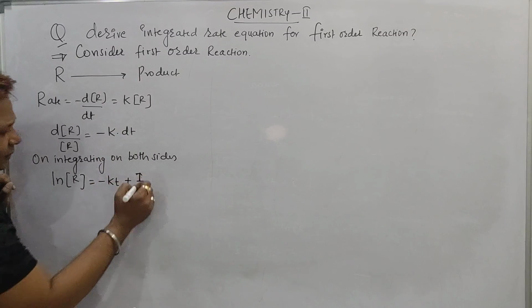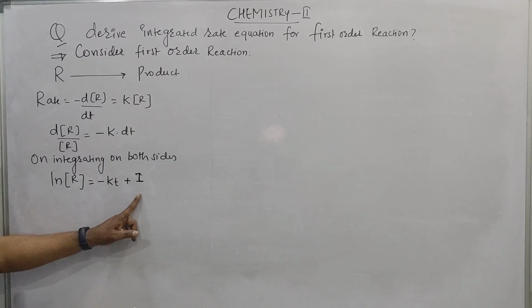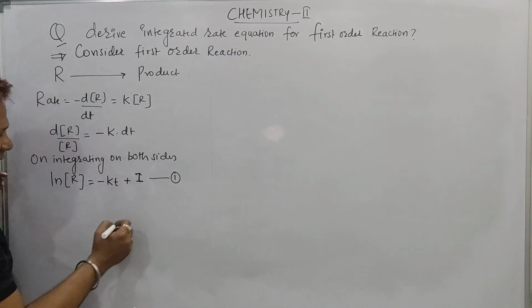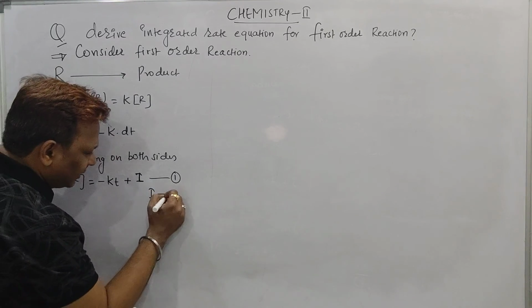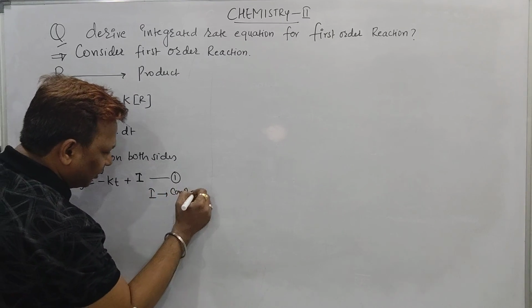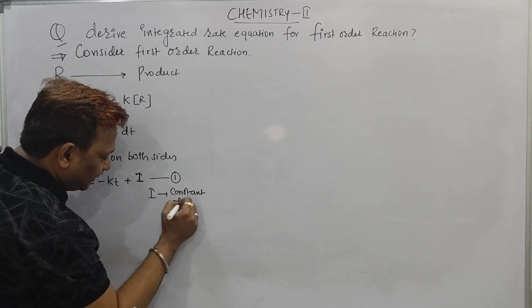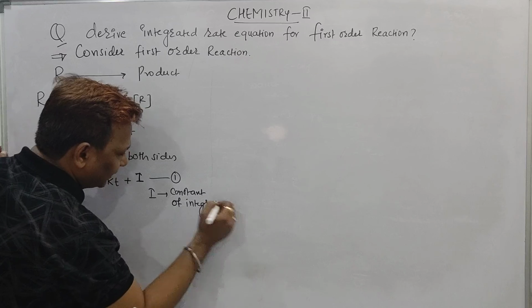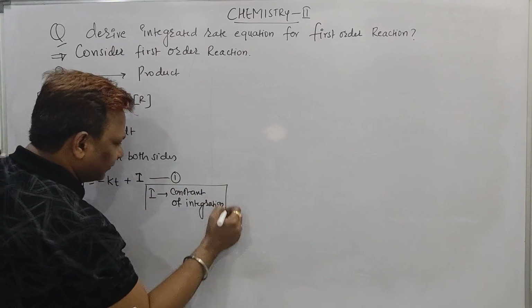Do you know what I is? It is a constant of integration. Let us say this is equation 1, and in this equation 1, I is a constant of integration. Is it clear?